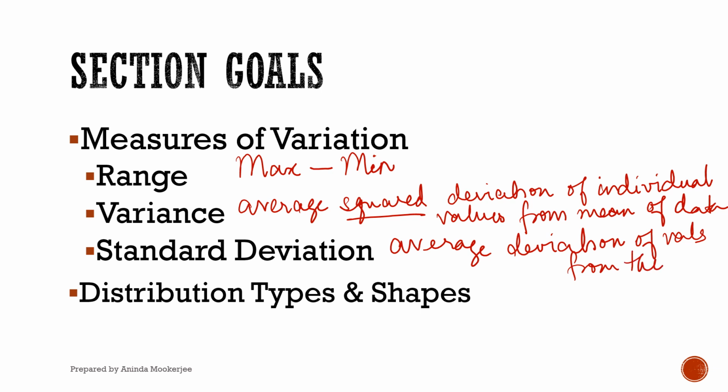So the standard deviation is an unsquared form of the variance, right? So we will talk about that at length as we go through this lecture. And at the end, we will also discuss the different distribution types that the data might have, as well as the shapes of the associated curves, which are derived from the histograms when we organize our data.